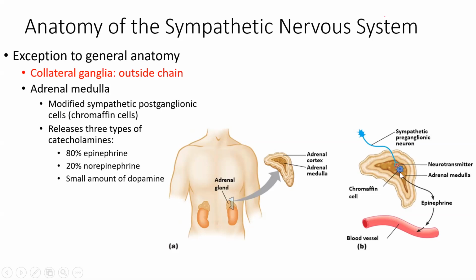It's going to release its hormones into the blood, which are 80% epinephrine, 20% norepinephrine, and a very small amount of dopamine. What this hormone does when it gets into the blood is flood the system.